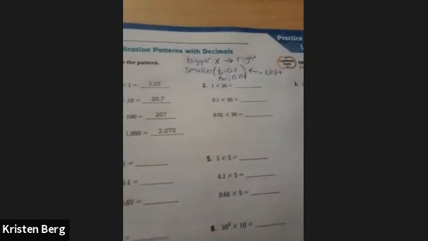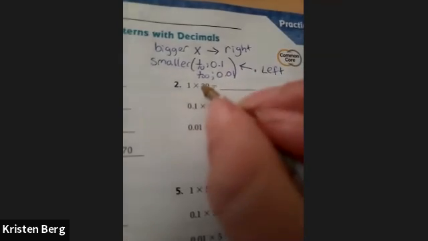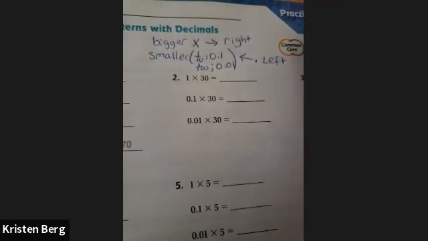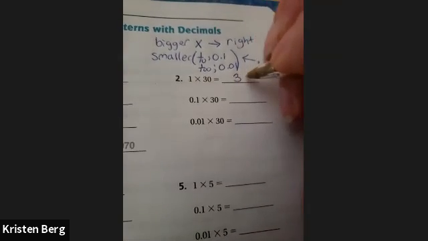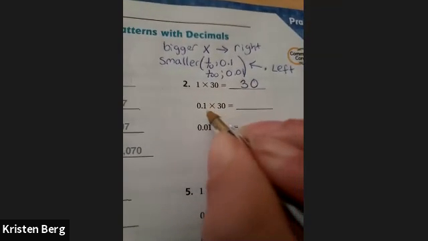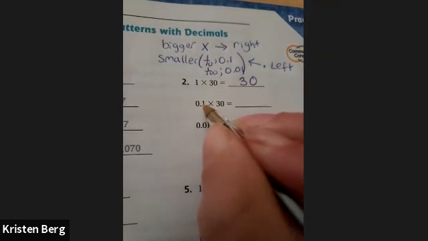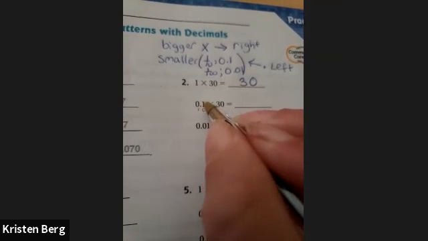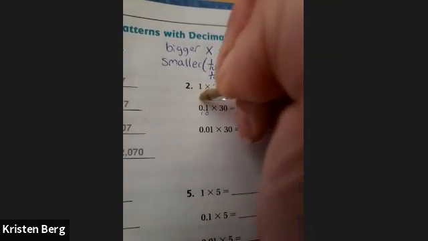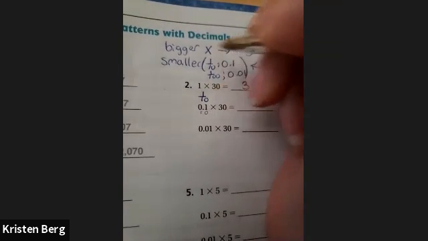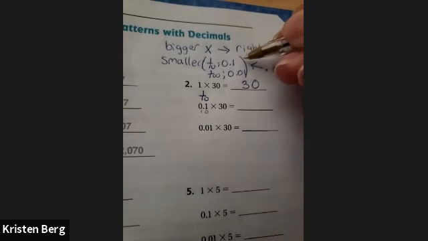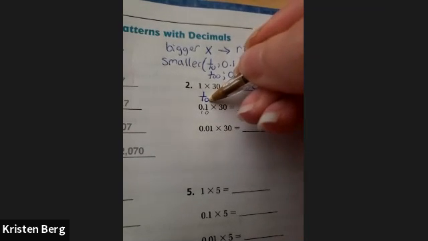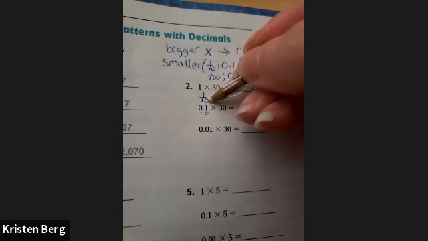All right, so here we go. This one says, okay, first do 30 times 1. 30 times 1 is 30. Now it says, all right, now do 1/10 of that. Remember, 1/10 means you are making it smaller. Remember the 10 is saying just one place smaller.